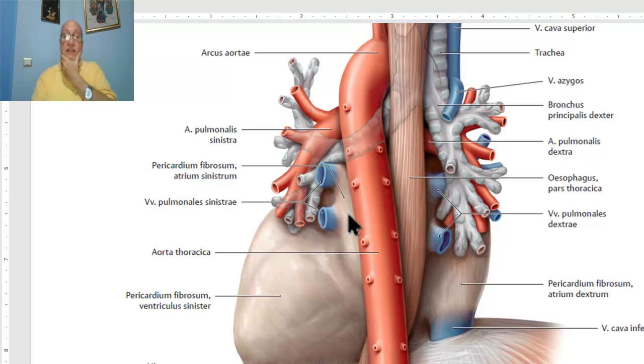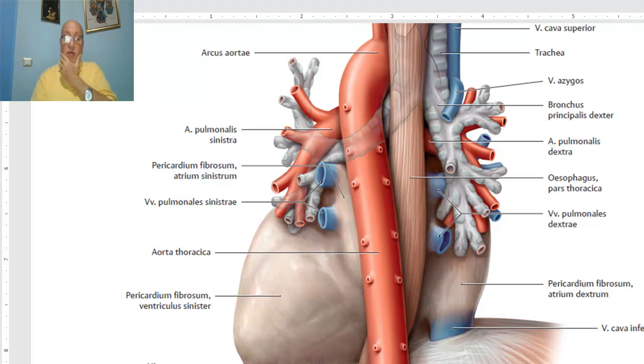At the level of T7 vertebra, the esophagus, which lies on the right side of the descending aorta, crosses in front of the aorta to become, at the end of the aorta, on the left side of the aorta.